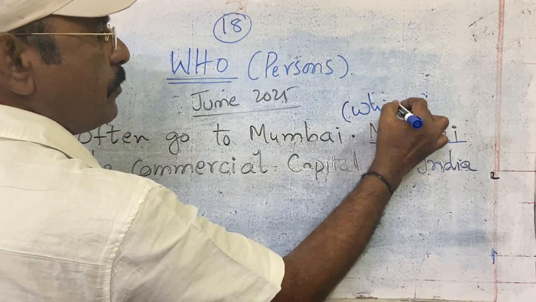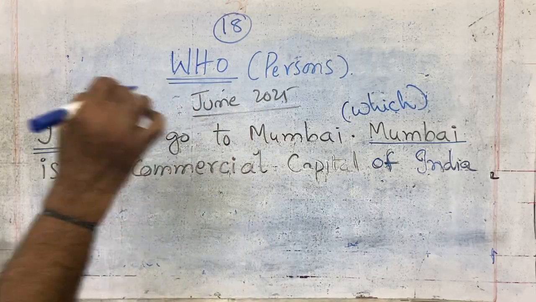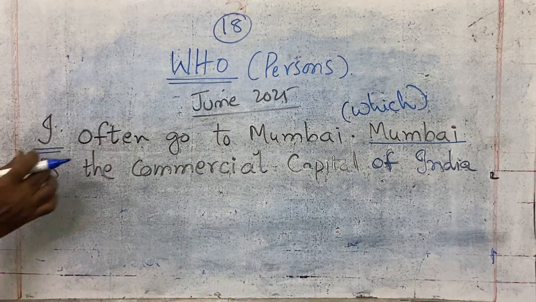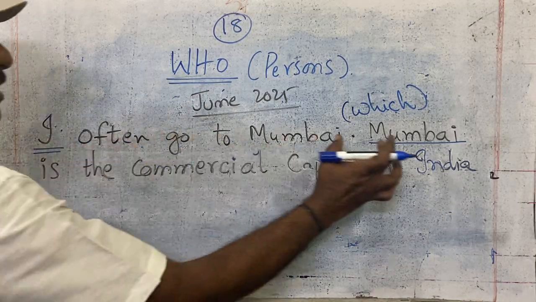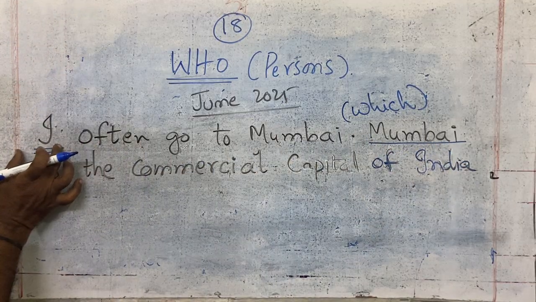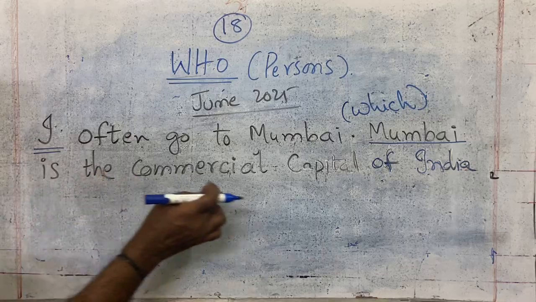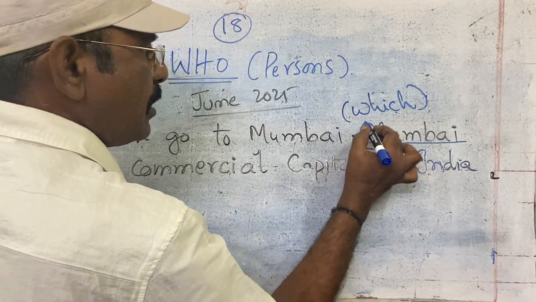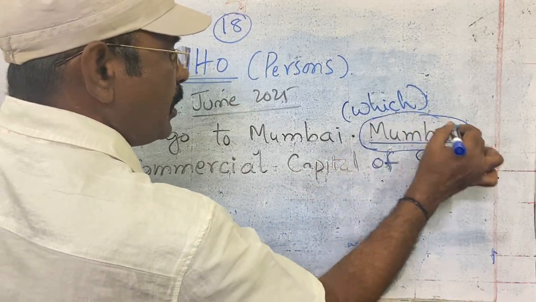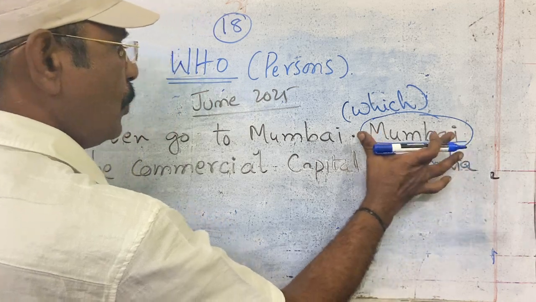This is not the question of who. This is the question of which. So once again, the subject is different, so we can take that relative clause in the middle. In place of Mumbai, you use which.